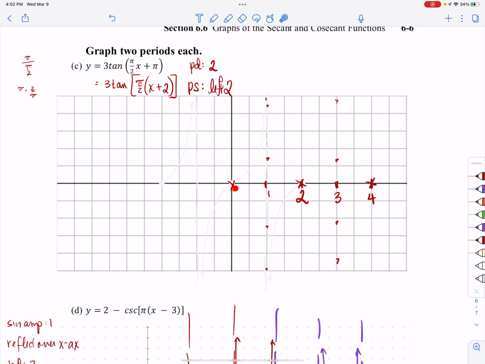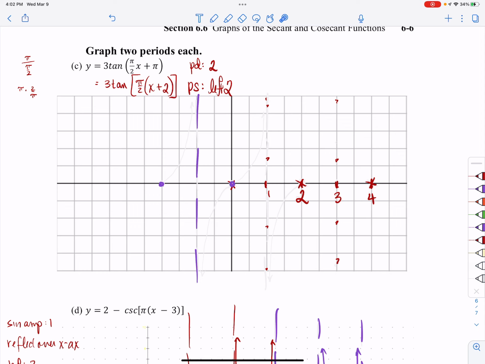So this first x-intercept, let's go 4 blocks to the left. My first asymptote, let's go 4 blocks to the left. My next x-intercept, 4 blocks to the left.